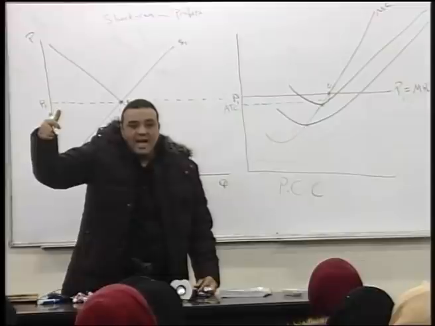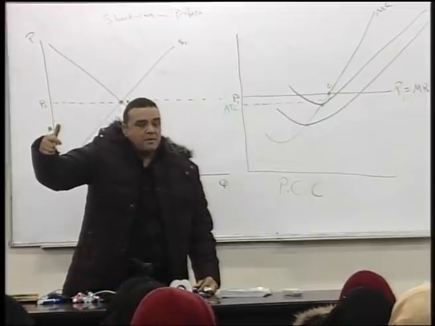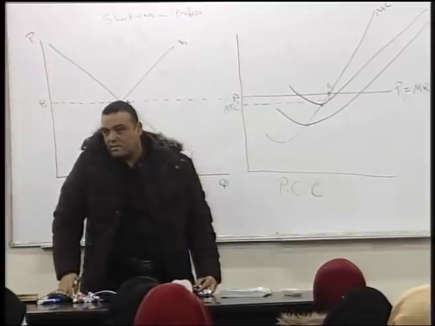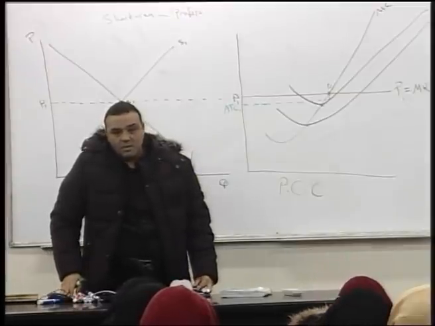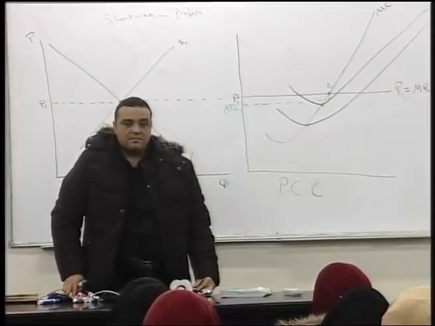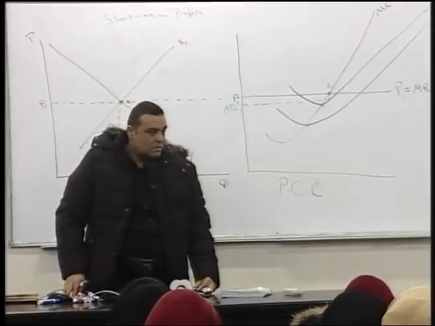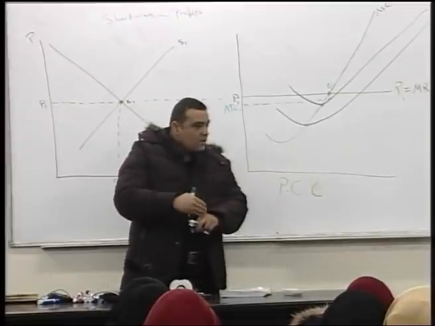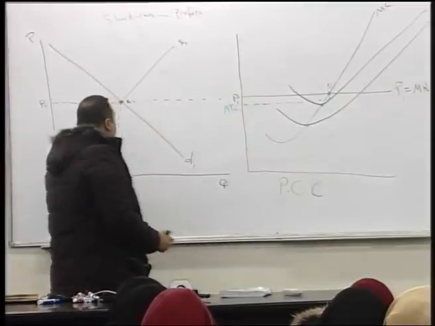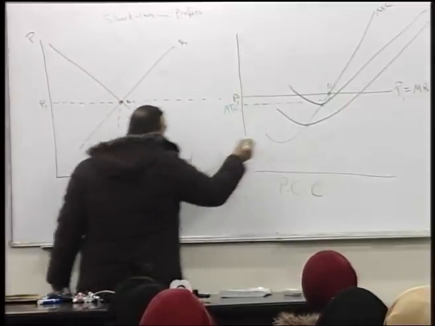What will happen as there is a profit? This will encourage new sellers to enter the market. Right? What will happen? Supply shifts right. Correct? As there are profits, new producers will enter the market. Supply increases. Supply shifts right.